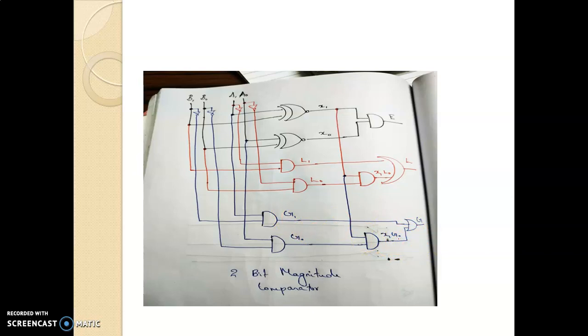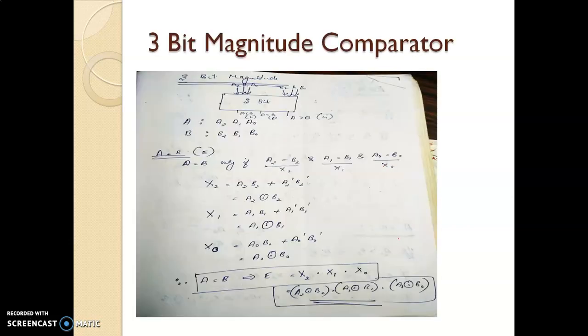Now we can see how this 3-bit magnitude comparator can be designed. 3-bit magnitude comparator means that both numbers will have 3 bits. That is, A is A2, A1, A0 and B is B2, B1, B0.